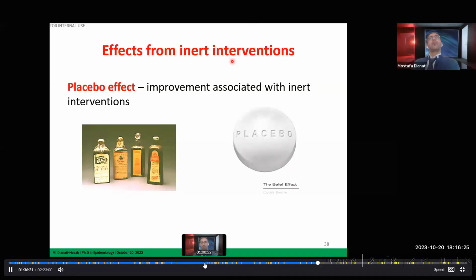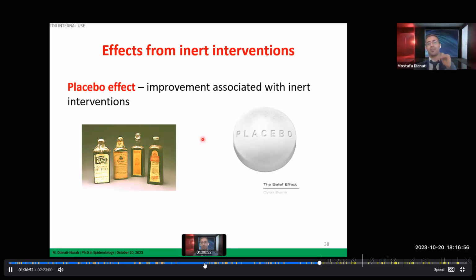Also, in clinical studies, we have placebo effect. Sometimes we have improvement associated with inert interventions. Let me say something really obvious to you. In a study, there were two kinds of pills. One of them was placebo, and one of them was the main drug. And the researcher randomly assigned these two pills to two arms of a study.